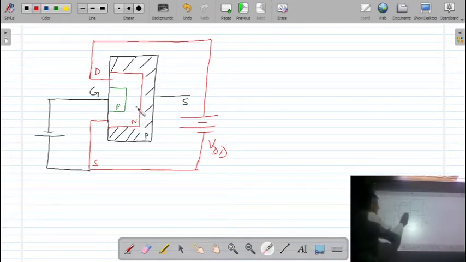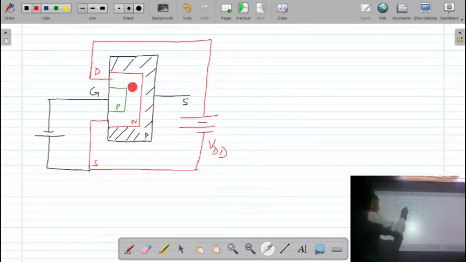So this electron will go from source to the drain through the channel, to the positive terminal of the battery.